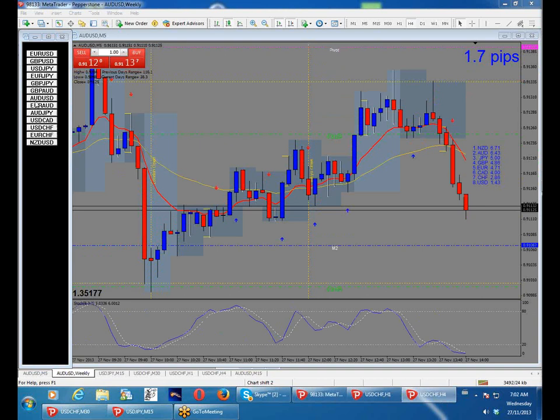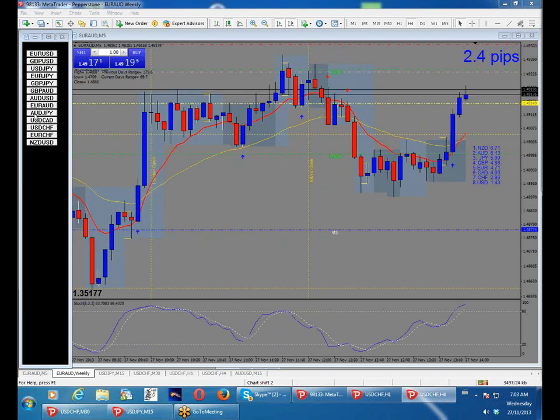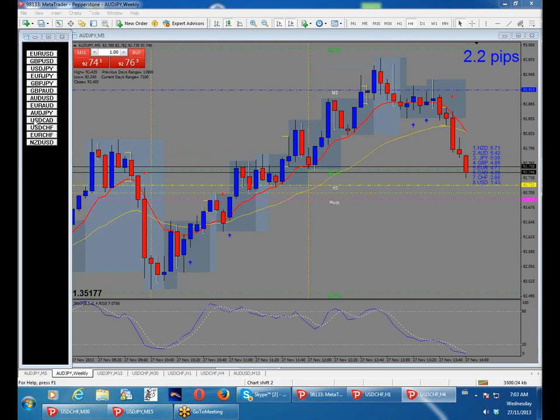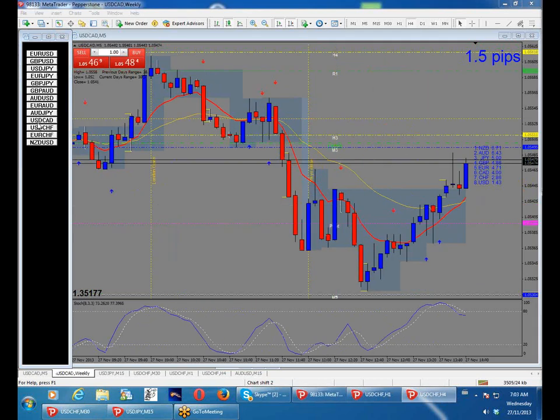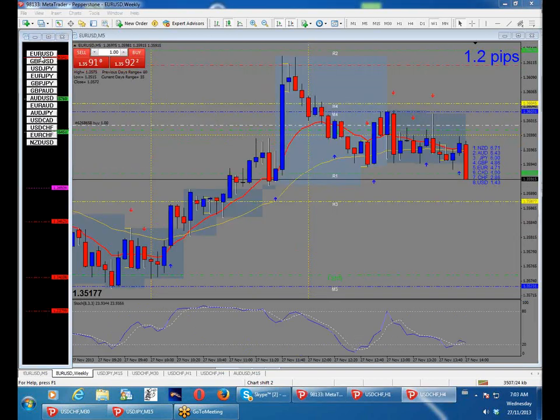And Aussie yen's at a big number. Aussie dollar's coming on down. So we have a euro break. Dollar's definitely going to break lower, looks like. But they're all breaking lower.